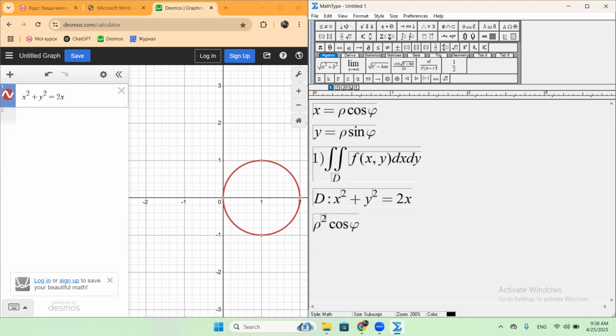So rho squared cosine squared of phi plus rho squared sine squared of phi equals 2 rho cosine of phi. Now we will simplify this expression.